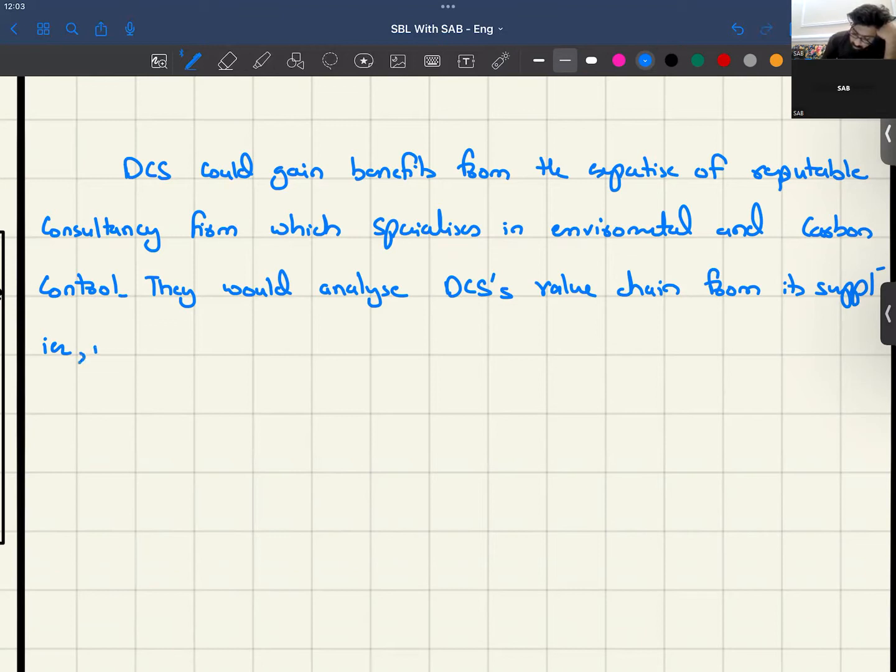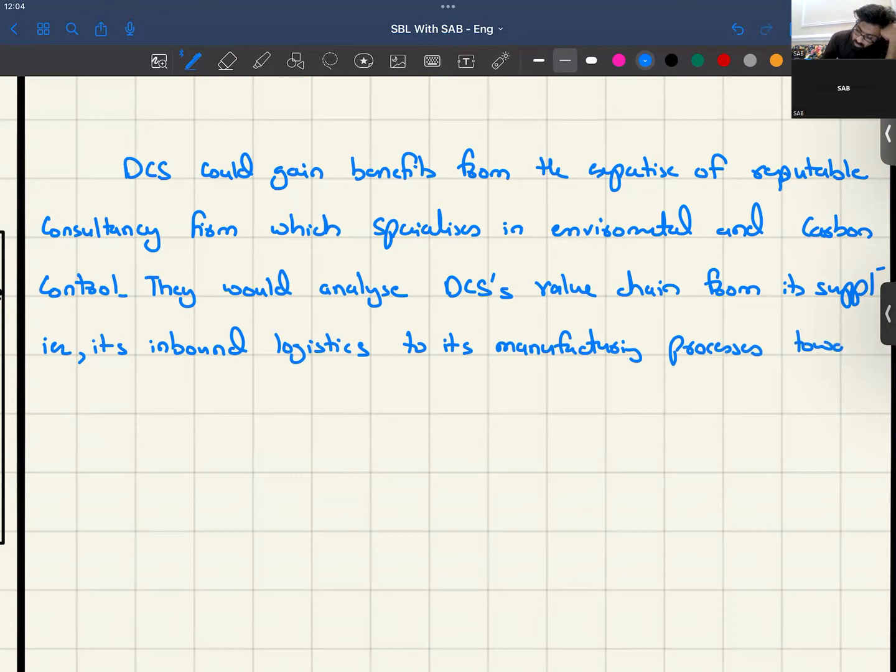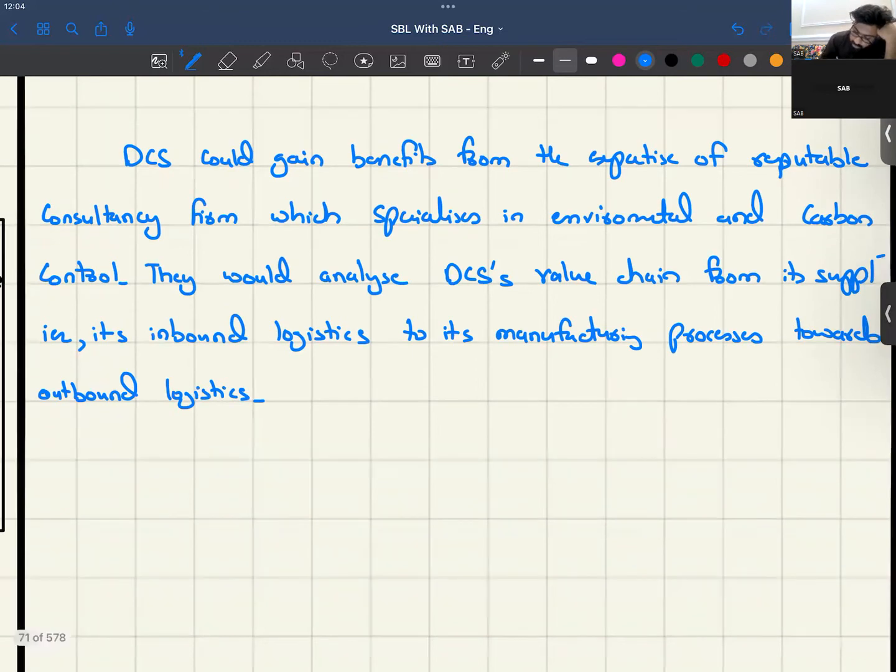From its supplier, its inbound logistics, its manufacturing processes, towards outbound logistics. That means the firm's gonna be analyzing your complete value chain, right?